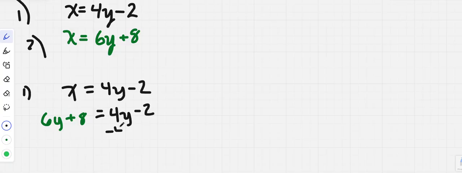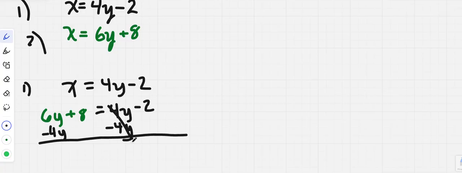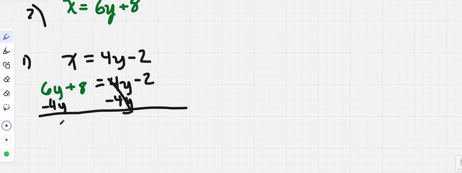Subtract 4y from both sides. We want to get all the variables on one side and the constants on the other. These two cancel out. 6y minus 4y is 2y, and bring everything else down. Plus 8 equals -2. Let's subtract 8 on both sides.